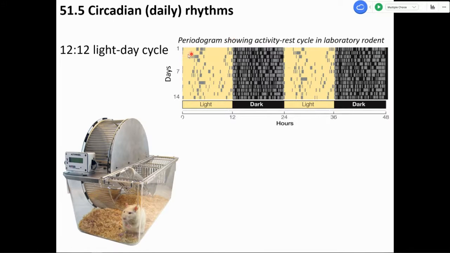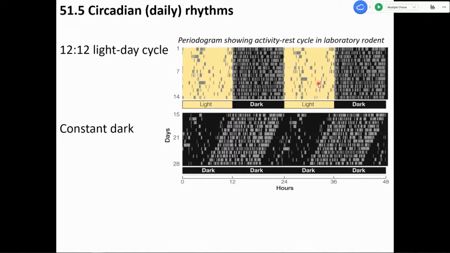And then you go down to more time here. The way this is done is that day 2 is repeated in the first block on the 2nd row. So it's day 1, day 2, day 2, day 3, day 3, day 4, etc. You can see that it's pretty obvious that they're active at nighttime when it's dark, and only a little bit active during the daytime. The gray bars are when they are active. Correct, that is when they are active.